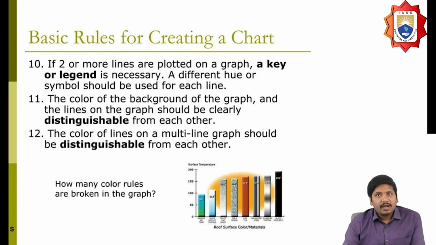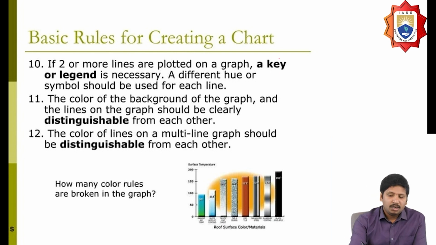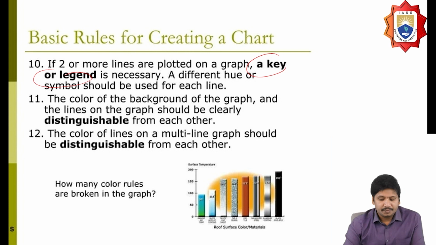If two or more lines are plotted on the graph, a key or legend is necessary, and a different hue or symbol should be used for each line. The color of the background of the graph and the lines on the graph should be clearly distinguishable from each other, and the colors of the lines on multiple-line graphs should be distinguishable from each other. The key should be compulsory, so it is clear what each color is meant for.